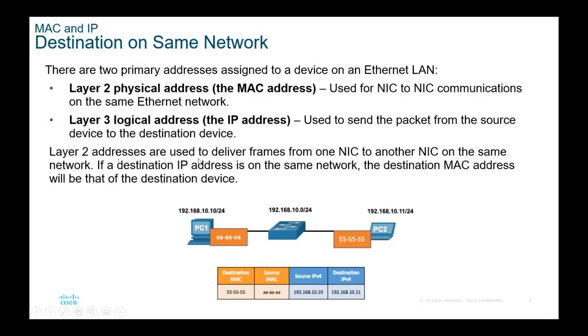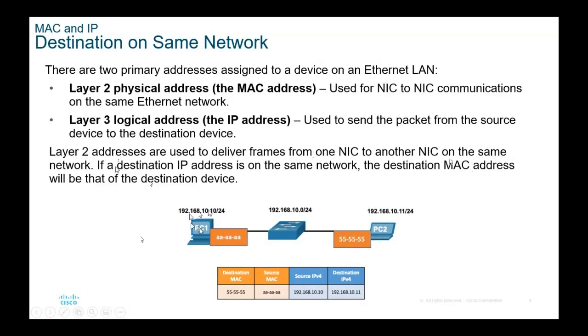Layer 2 addresses are used to deliver frames. Remember layer 2 frames, layer 3 packets, layer 4 segments, all those kind of things, from one NIC to another NIC on the same network. If that destination IP address is on the same network, the destination MAC address will be at the destination device. So if we look at this picture, this is all that encapsulation we were talking about the other day.